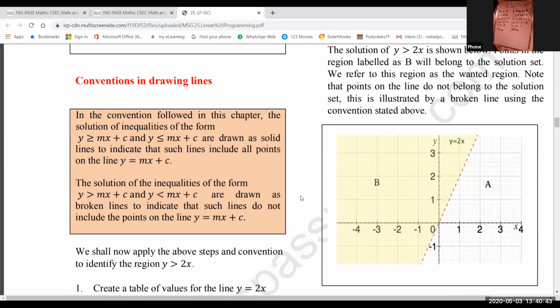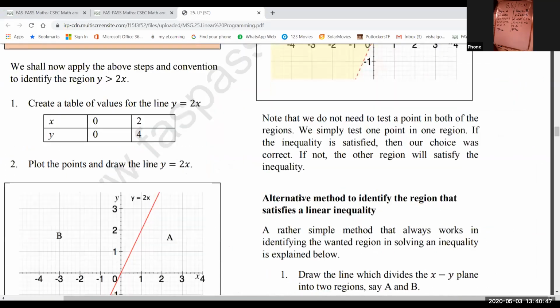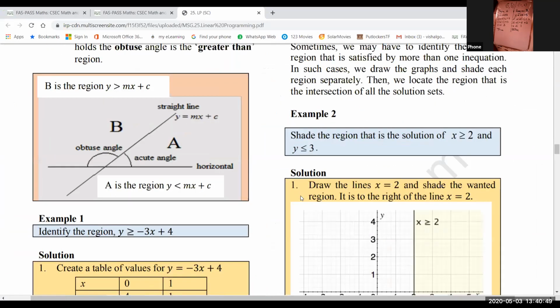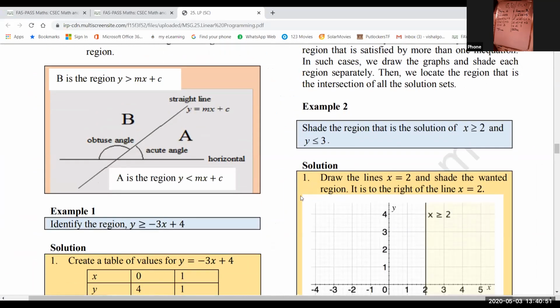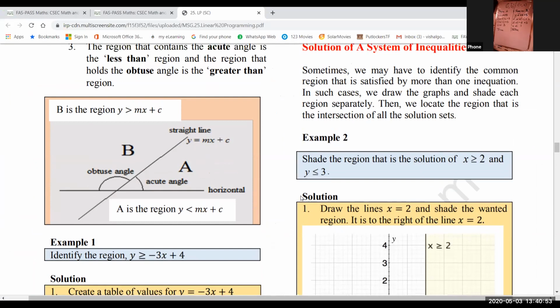Okay, so conventions in drawing. Oh, we did this already. All right, let's look at an example here. Identify the region y is greater than or equal to negative 3x plus 4.